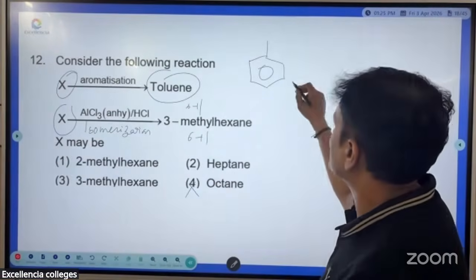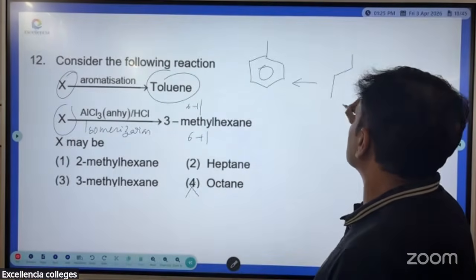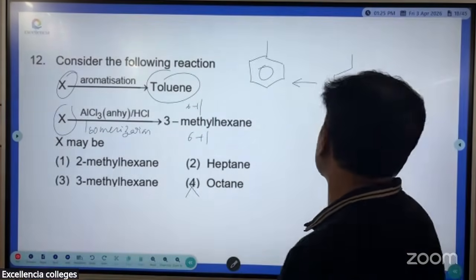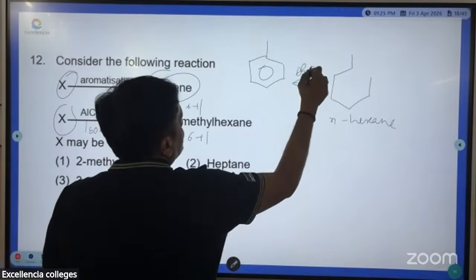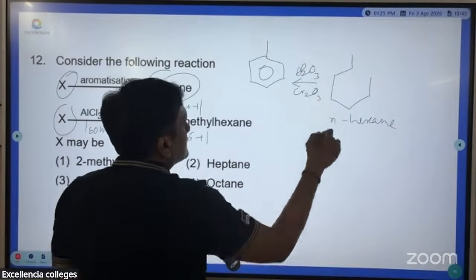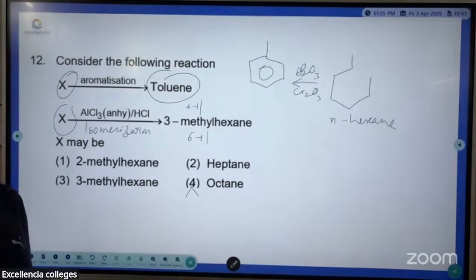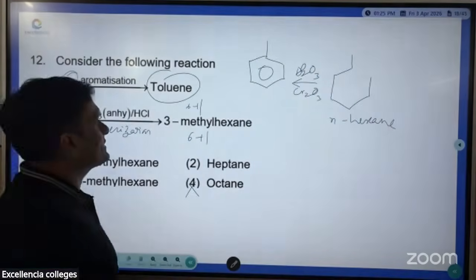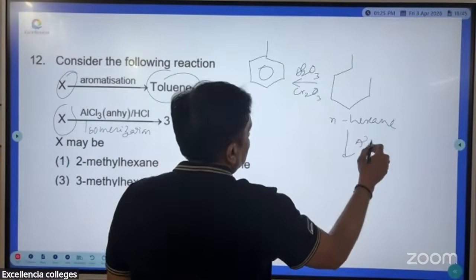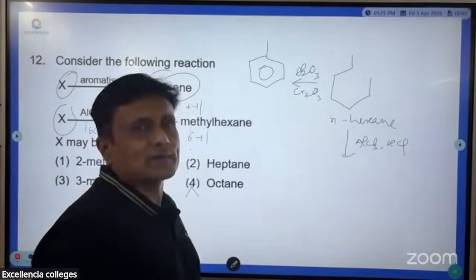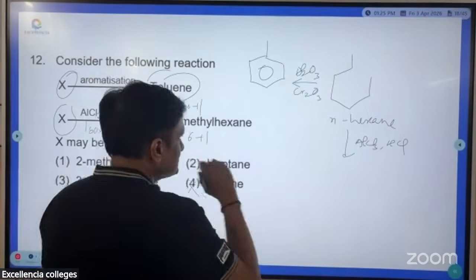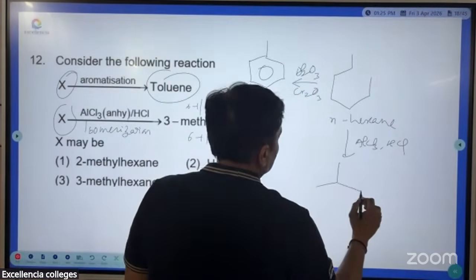Then check which one could be the right answer, as we have studied that if you take n-hexane, when this is subjected to aromatization using Al2O3 and Cr2O3 at a higher temperature, it will give rise to toluene, isn't it? And also when this is subjected to the reaction with AlCl3 and HCl at a higher temperature, it will undergo isomerization, where you will be getting 3-methyl, 2-methyl, or whatever.